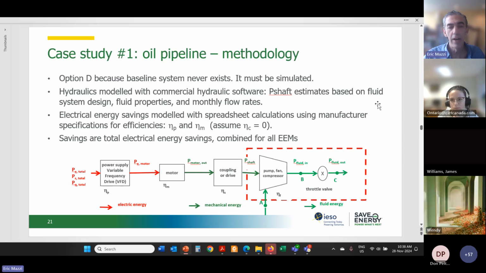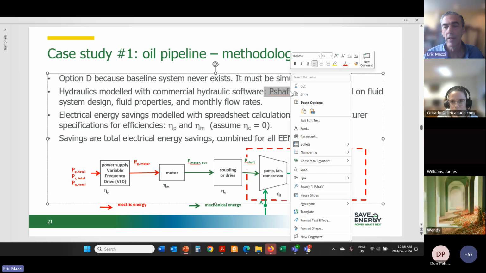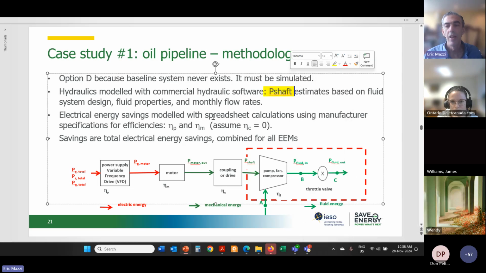Hydraulics were modeled with a commercial hydraulic software, which estimated pump shaft energy, like here. I guess I can highlight stuff, okay? And then there were some spreadsheet calculations which converted shaft power to electric power based on the efficiency of these motors and drives.